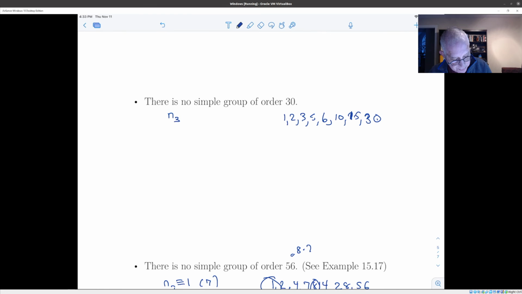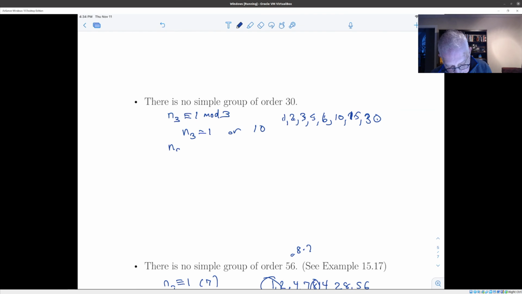Yes, those are all of the divisors of 30. So N3 has to be a divisor of one of these numbers, and it has to be congruent to 1 mod 3. So the only possibilities are 1, or the only other divisor of it, which is congruent to 1 mod 3, is 10.